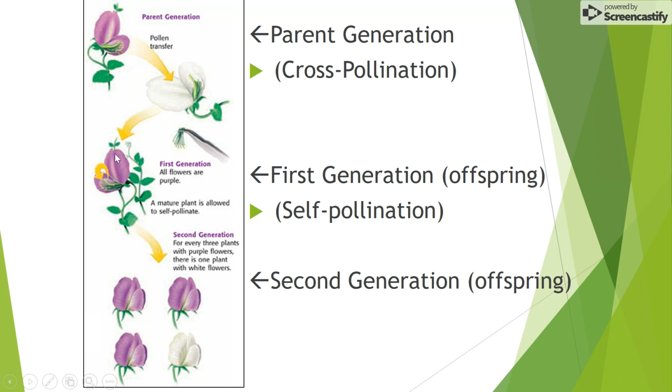And then he self-pollinated these flowers. So he took the pollen from this plant, connected it with the ovule or the eggs in the same plant, and then created a new set of offspring. This is the second generation of offspring. And we see here that we have 3 purple flowers that are dominant, and we have 1 white flower, which is recessive.